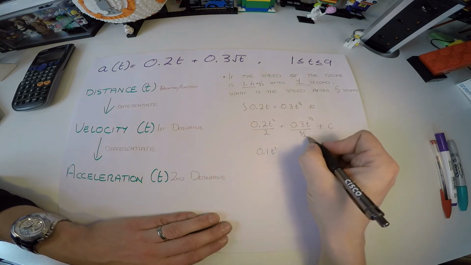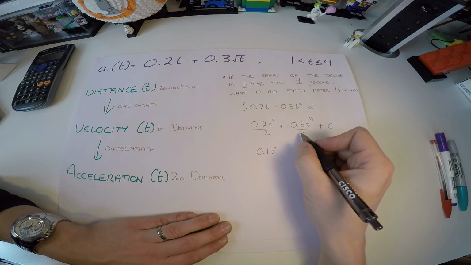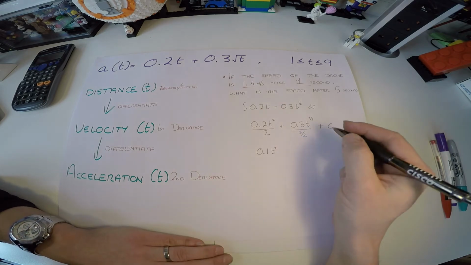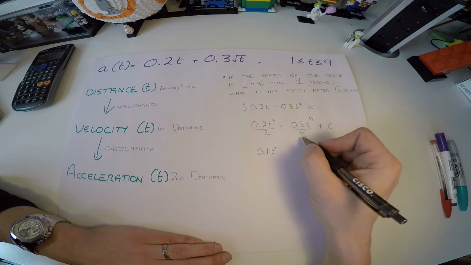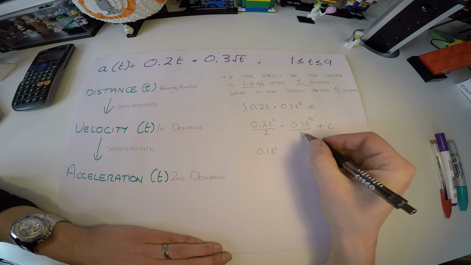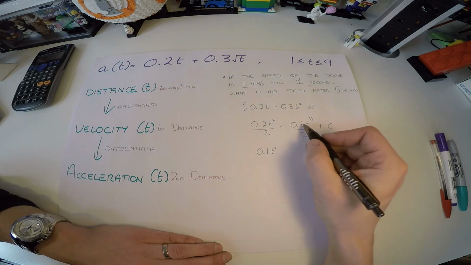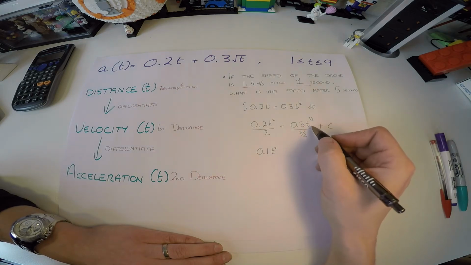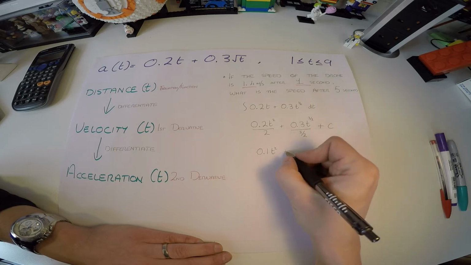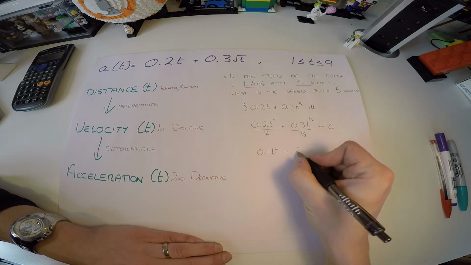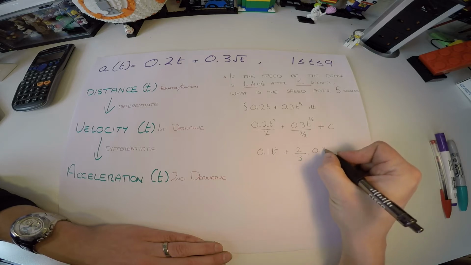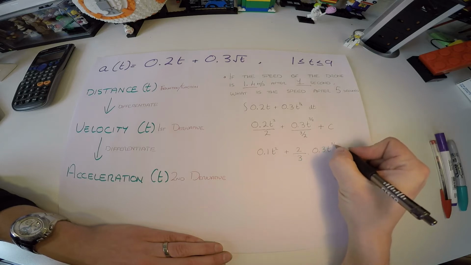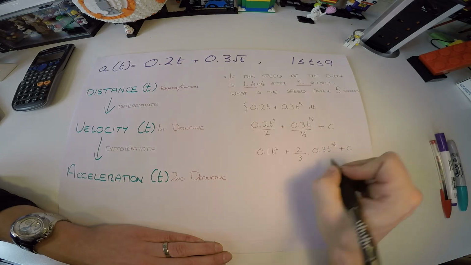Now, when we're dividing by a fraction, you may have remembered from primary school, or the start of your junior cert maths life, we say flip it upside down and multiply. So if we're dividing by 3 over 2, we can flip upside down and multiply by 2 over 3. What will that look like? Well, it will be 2 over 3 times 0.3 t to the 3 over 2, and of course still plus c, which I can't do anything with.